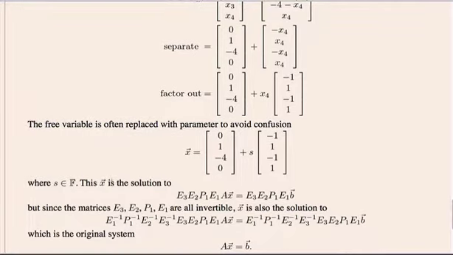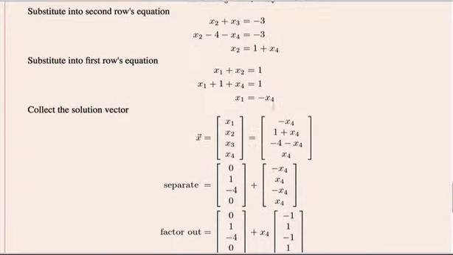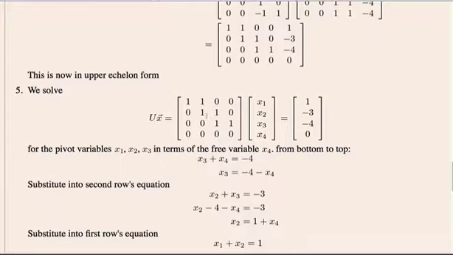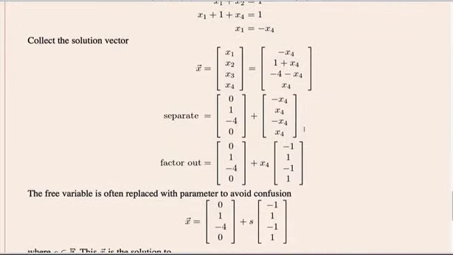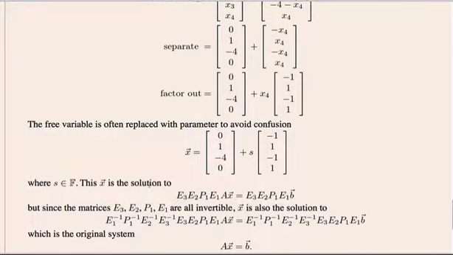So note that this x is actually the solution of this multiplied system, E3, E2, P1, E1, AX equals E3, E2, P1, E1, B, since that's how we got this U matrix and this modified right-hand side vector after all these multiplications.